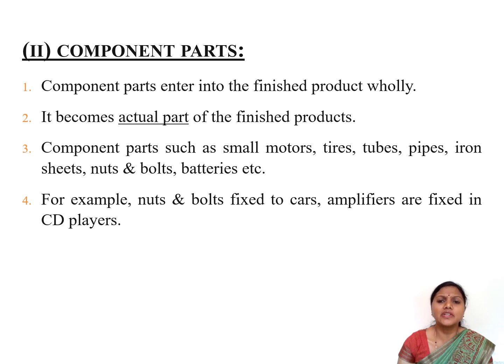Component parts enter into the finished products directly. They become the actual part of the finished product. Component parts are such as small motors, tires, tubes, pipes, iron sheets, nuts and bolts, batteries, etc. For example, if we see car manufacturing, in the car, some small motors will be used, tires, tubes, some pipes, iron sheets, then nuts and bolts, batteries.